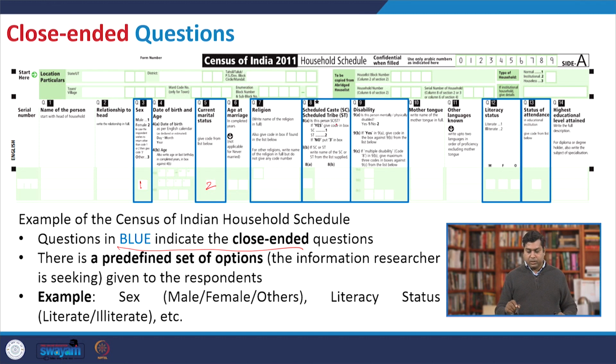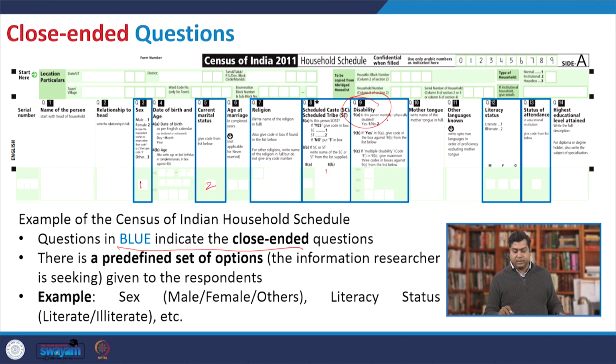Now if you would also like to capture the category, like whether it is SC or ST, you have the option of 1 for SC and 2 for ST. So if somebody belongs to SC, then that will be 1. Then there is another item called disability. If the person is mentally or physically disabled, if the answer is yes, then 1, otherwise 2.